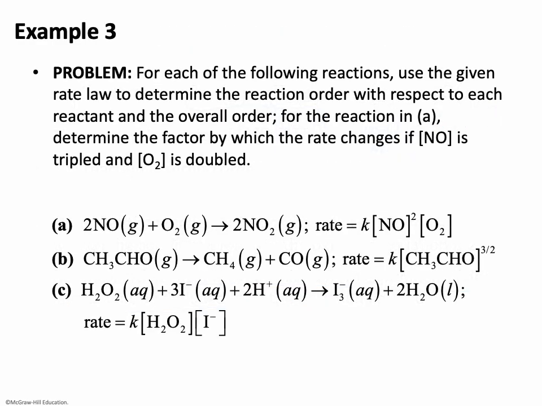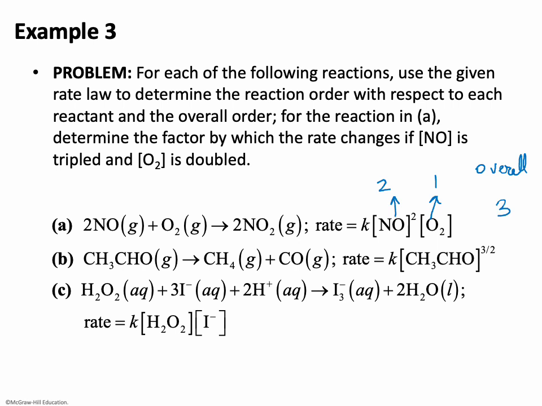Okay, for example, for each of the following reactions, use the following rate law to determine the reaction order with respect to each reactant and overall order. Okay, so in this case, what is this? This is 2, this is 1, and if I say overall is 2 plus 1, 3.